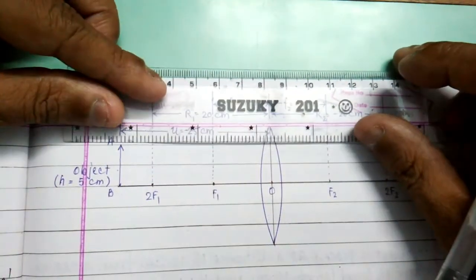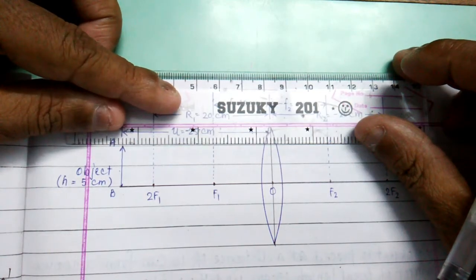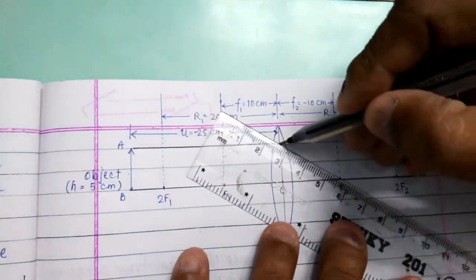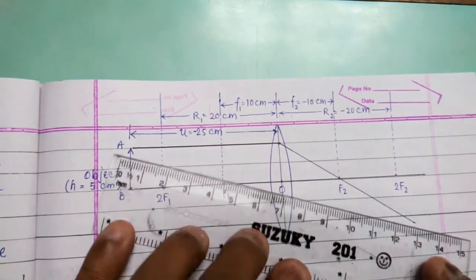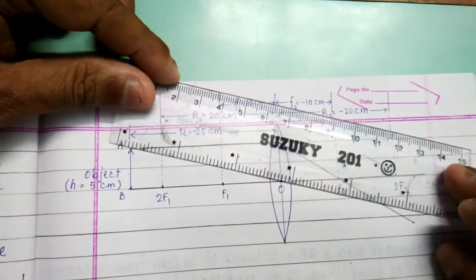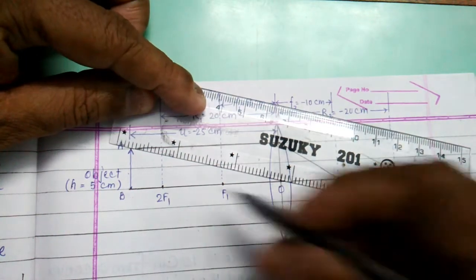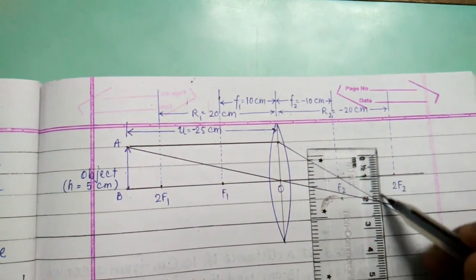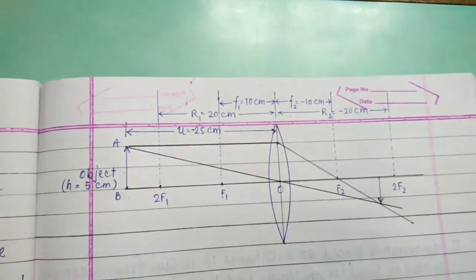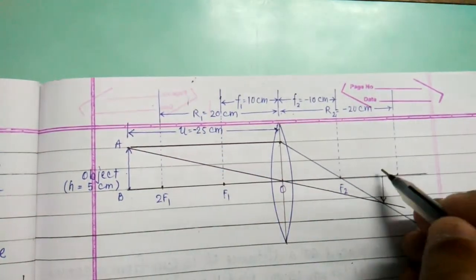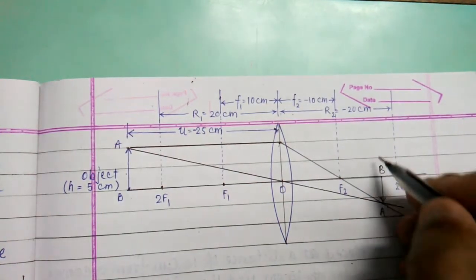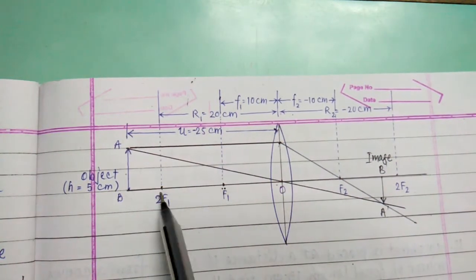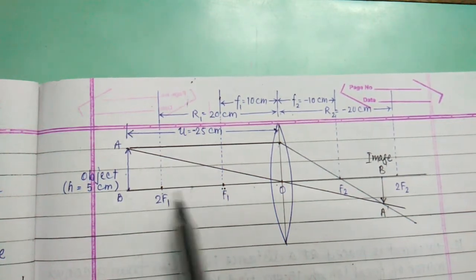Now it is convex lens, so image. It is 10 centimeter, 10, 10, 20 and on the halfway it is 5.